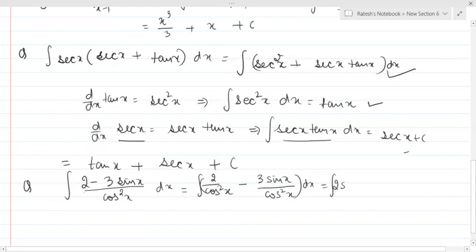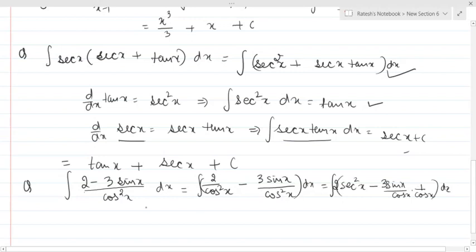Okay, 2 secant square x minus, what can we do here, dear students? Can you write 3 into sine x over cos x and 1 over cos x? Any doubts? It's very simple, I think so.